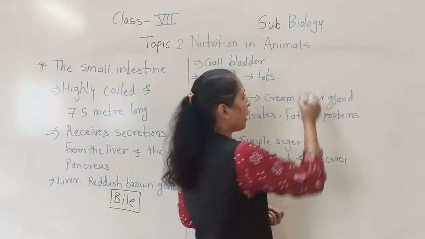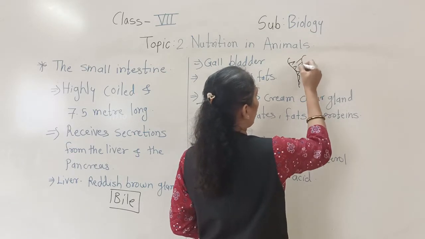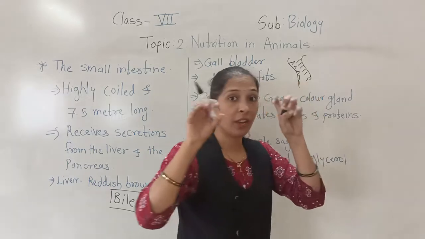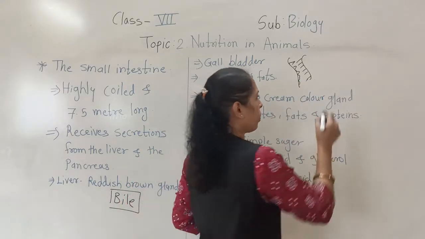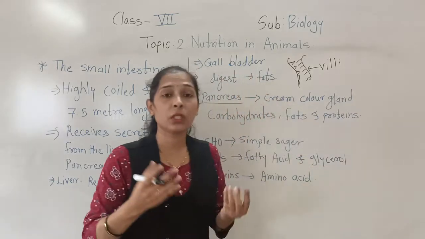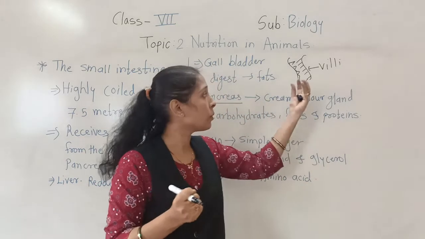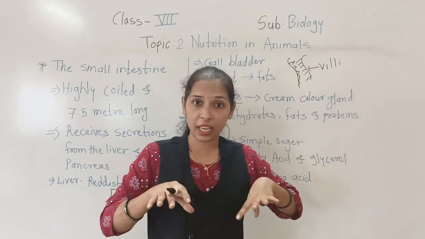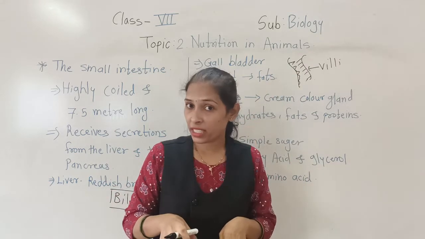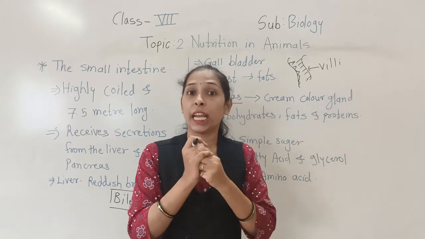The inner lining of the small intestine has thousands of finger-like structures, which are called villi. These villi increase the surface area of the small intestine and help to absorb the maximum digested food.